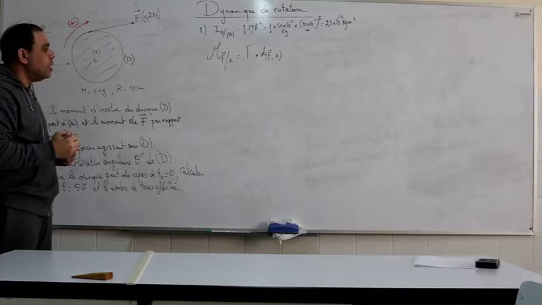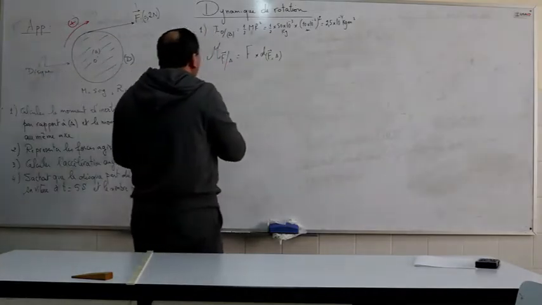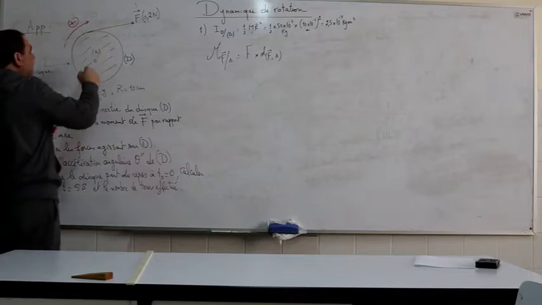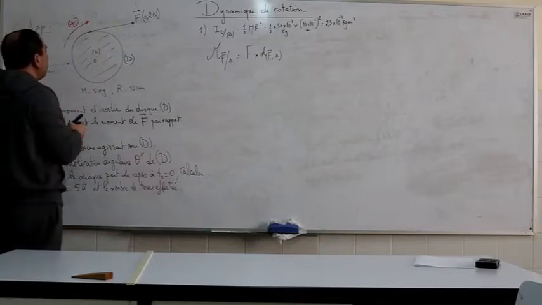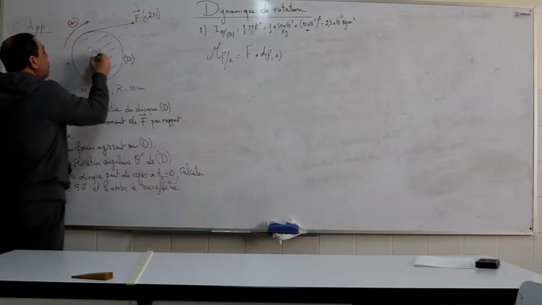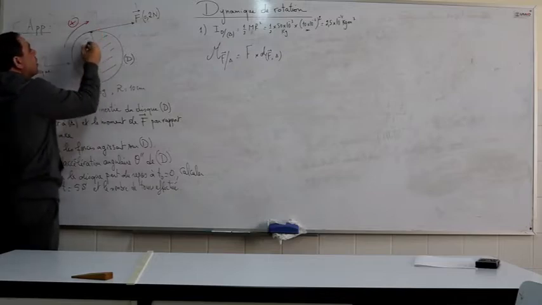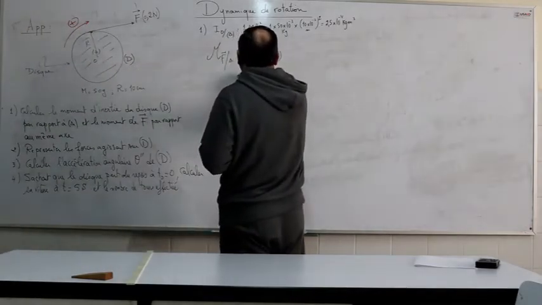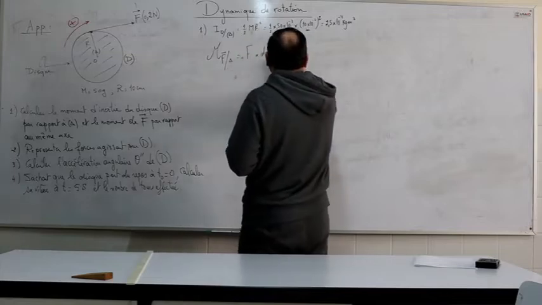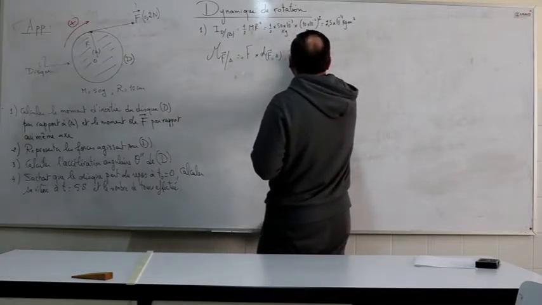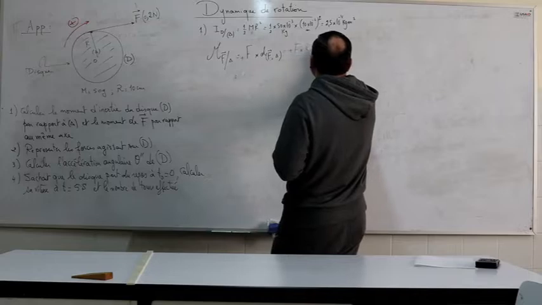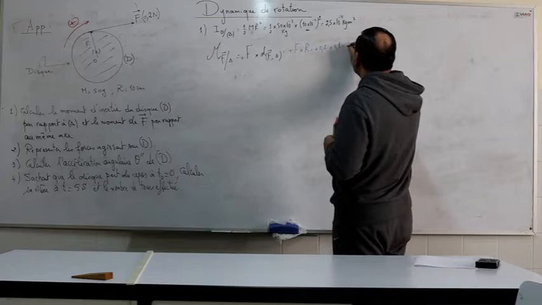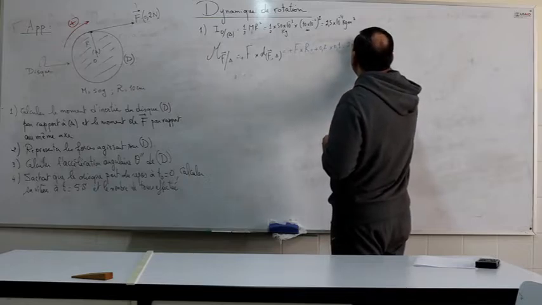Now what is the distance between F and delta? For this, we draw the perpendicular from O to F. This is obviously equal to the radius. So the formula becomes plus F times R, which is equal to 0.2 times 0.1, which is equal to 2 times 10 exponent negative 2 Newton meter.